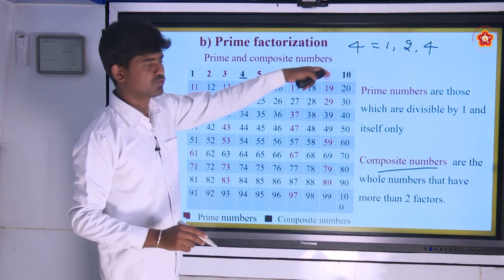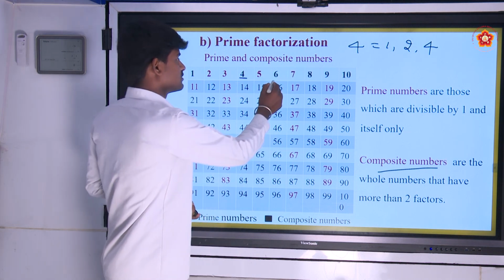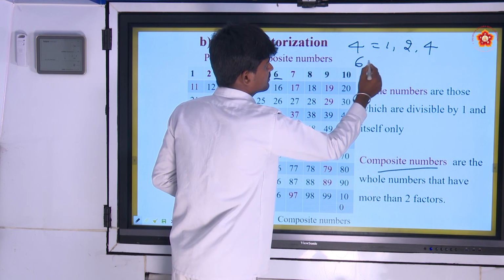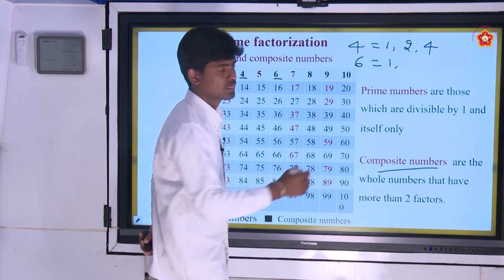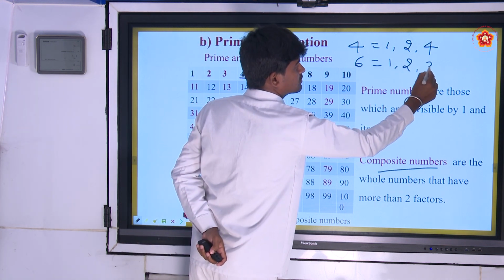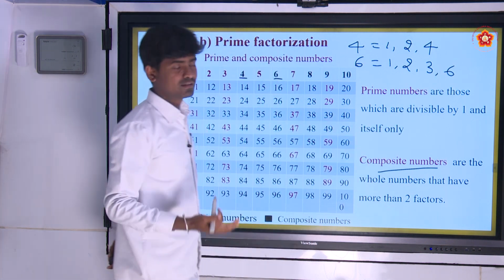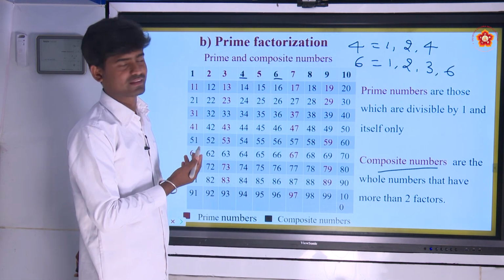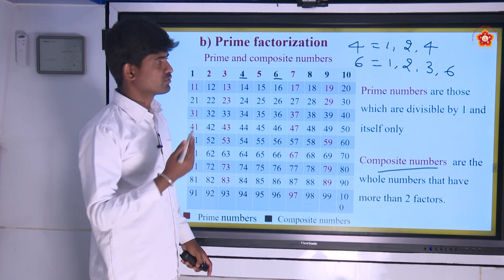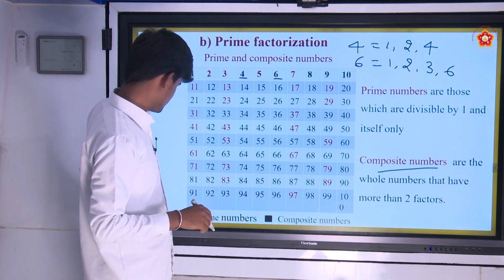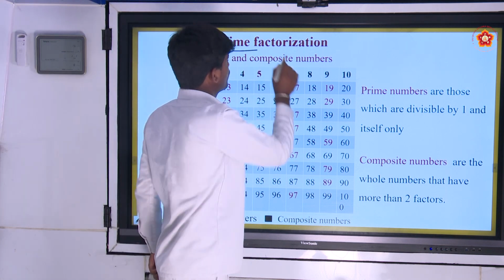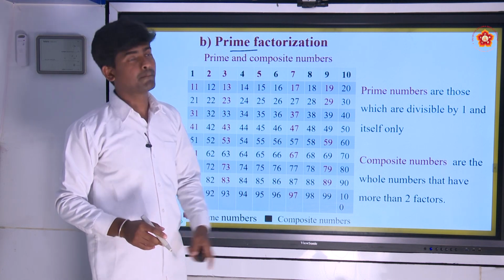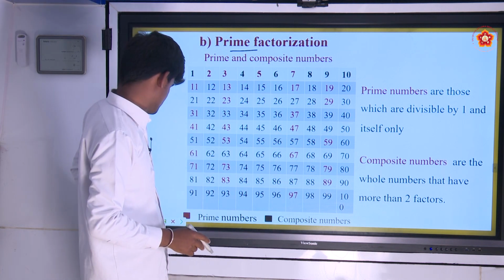That is why 4 is a composite number. Take 6, it is divisible by 1, 2, 3 and 6. It also has more than 2 factors, so this is a composite number. We are going to concentrate more on prime numbers and prime factorization.